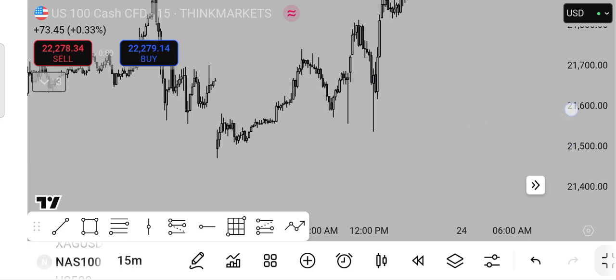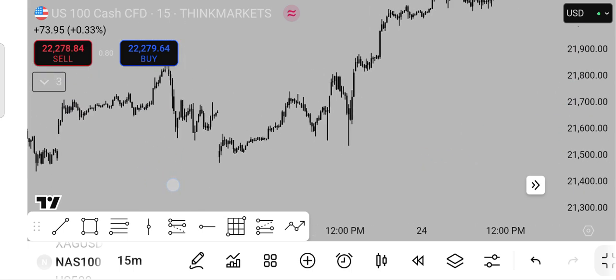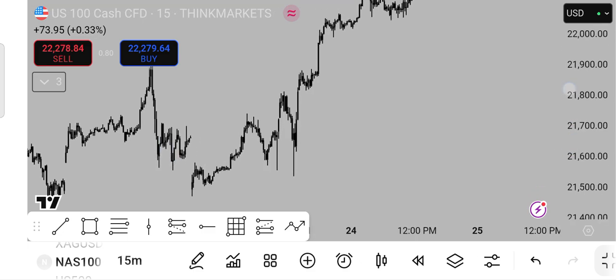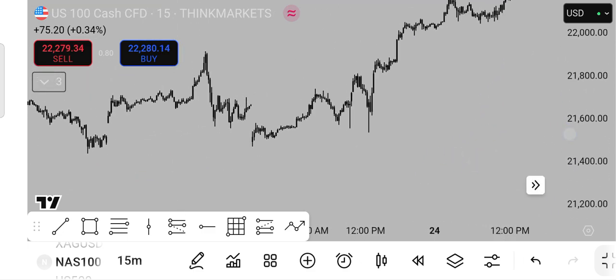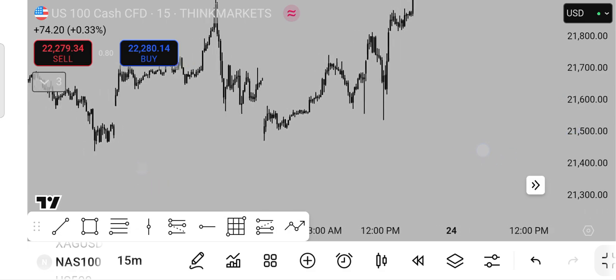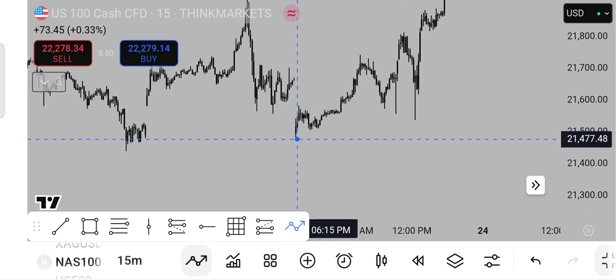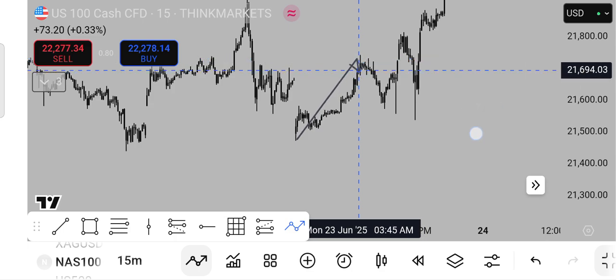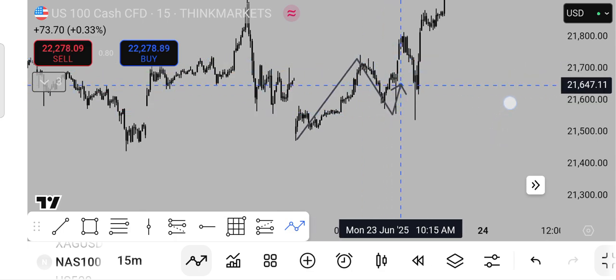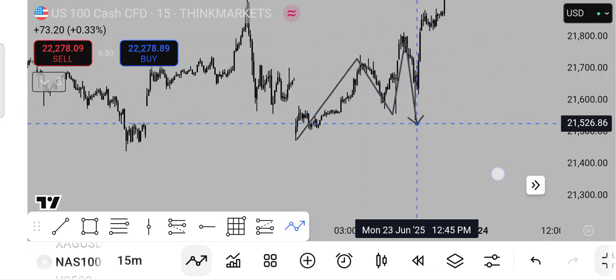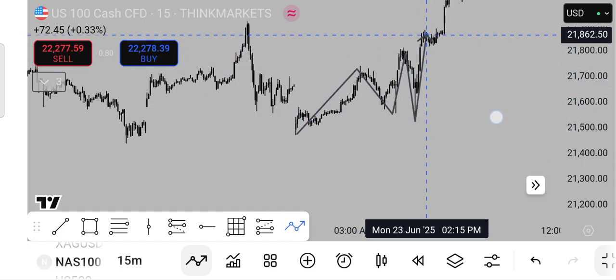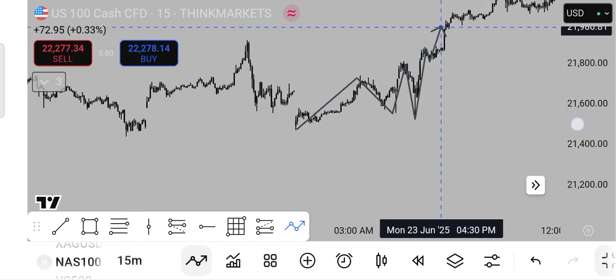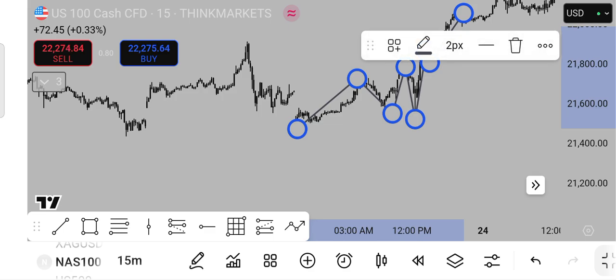Or you can say for better move, for better confirmations, you can just mark this. Wait for a second. This high, this low, again making high, again making low. This time it took out this low because it was a data low, and again making high, and again this, and continue like this.